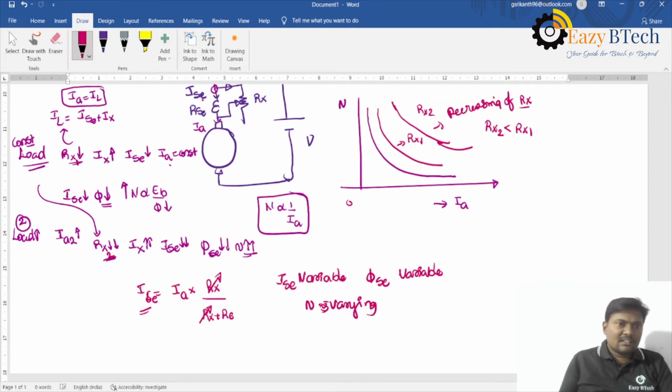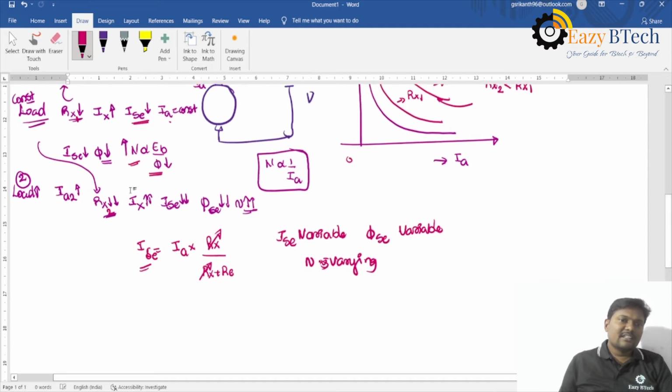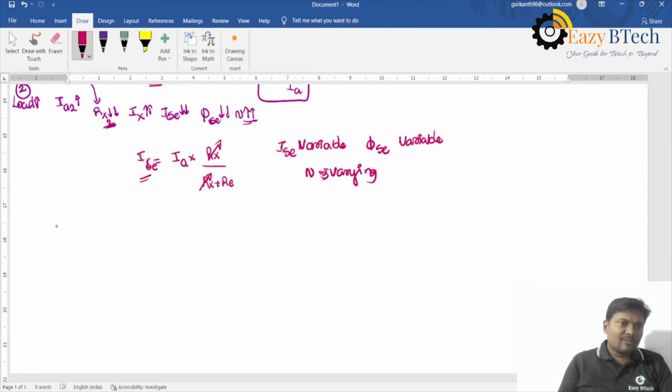In overall observation, if the current flowing through the series field winding decreases, the speed increases. This method is suitable for above rated speeds.